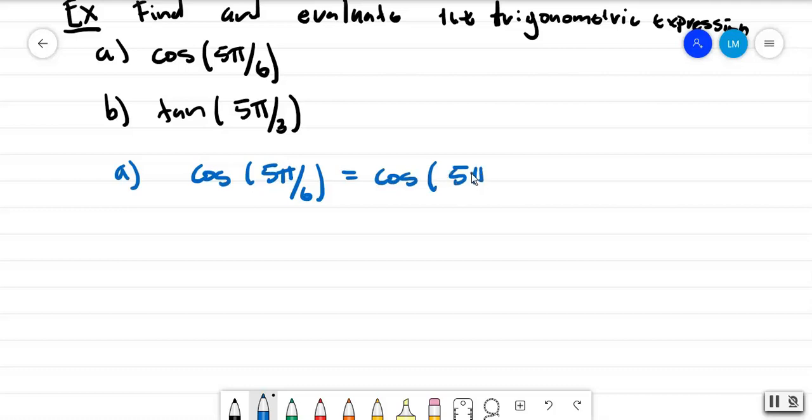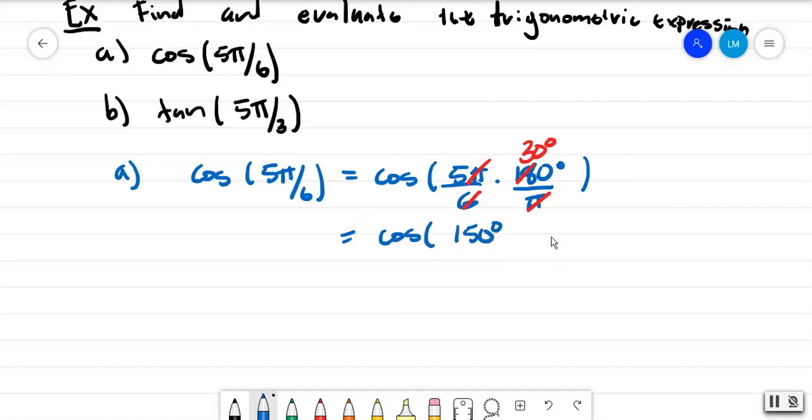So for instance, we have 5 pi over 6 multiplied by 180 over pi. Now look at this. 6 into 180 is 30, which means that this is really going to give us cosine of 150. So this gives us cosine of 150 degrees.